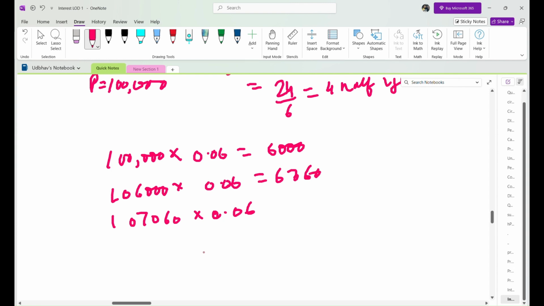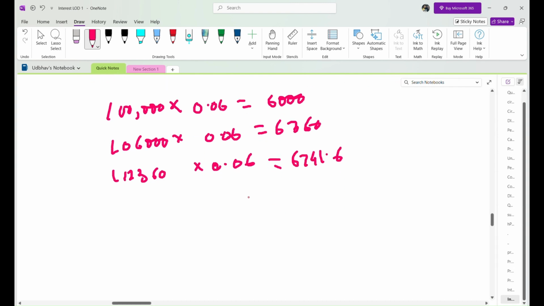6360 plus 106000 is 112360. 12 into 6% again, that is 6741.6.